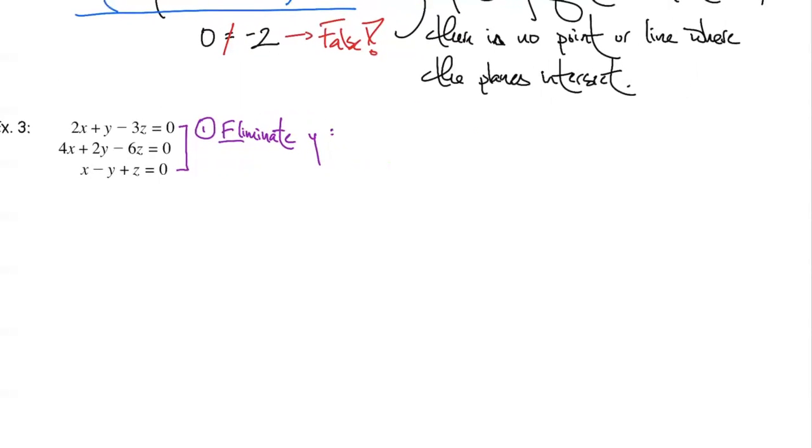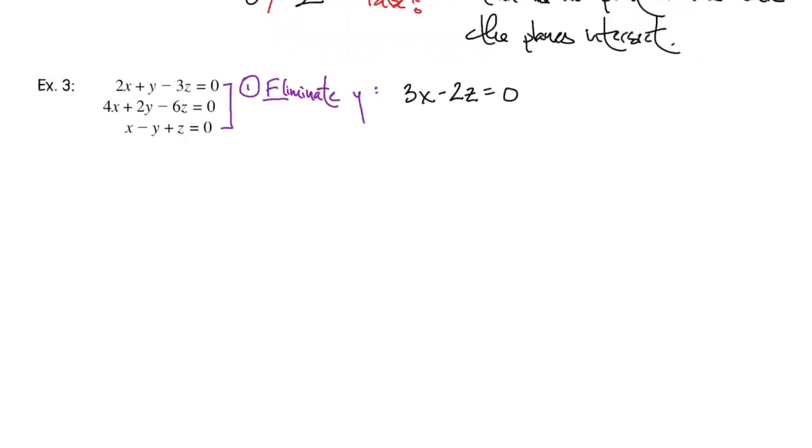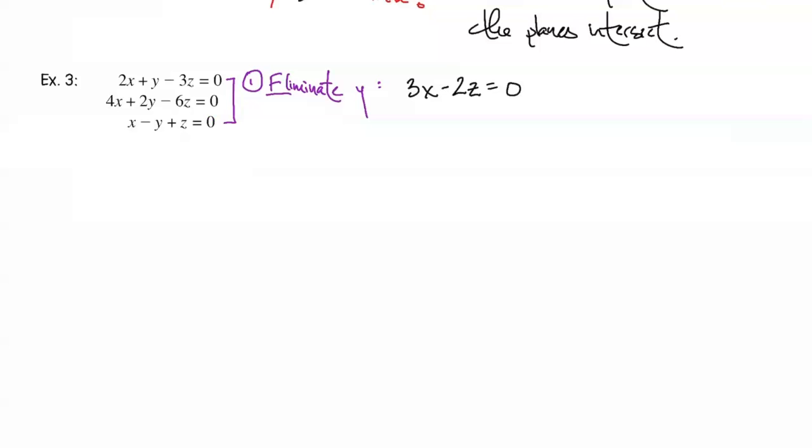So if we eliminate y, we're going to get, let's see, 2x plus x is 3x minus 2z equals 0. Okay. If we choose to do that first, what would be a good next step to make?